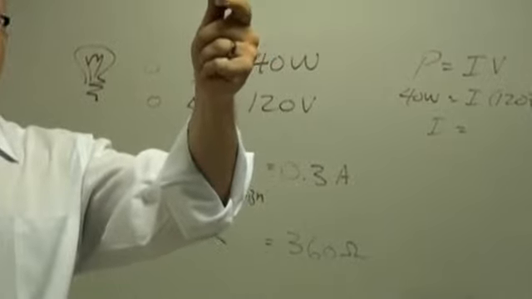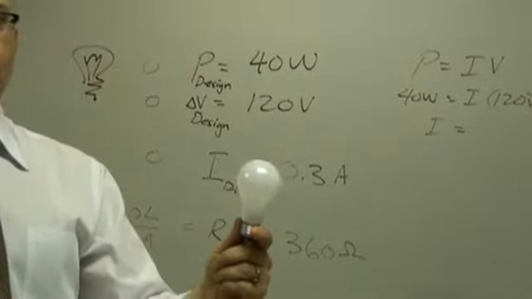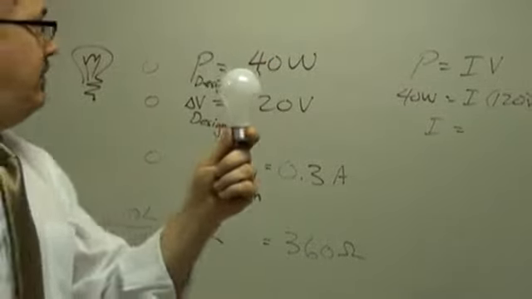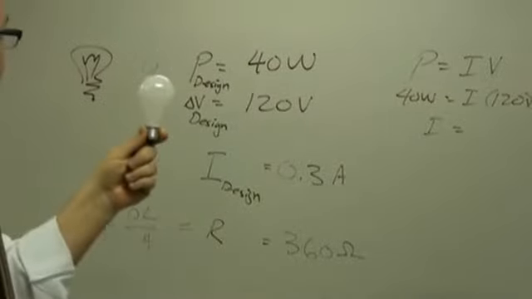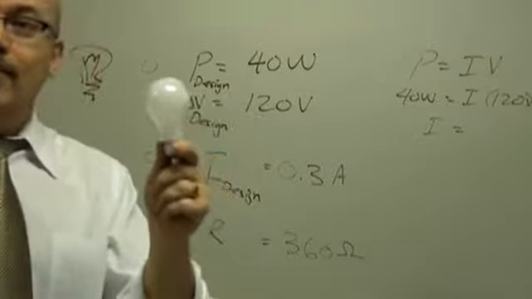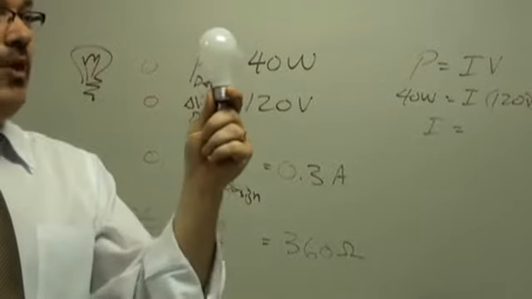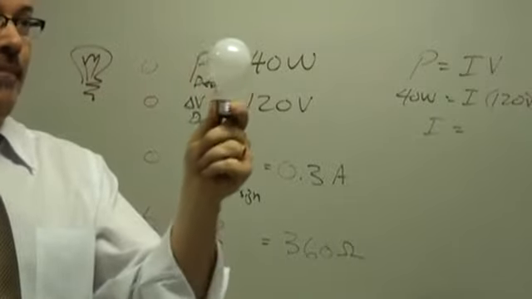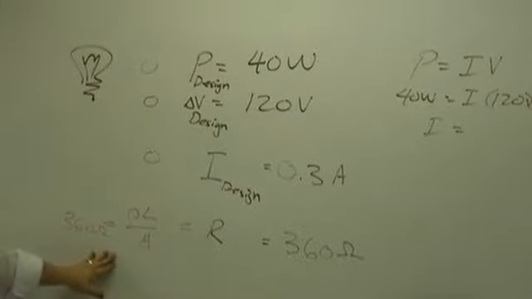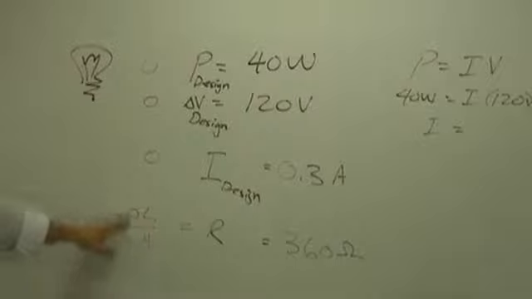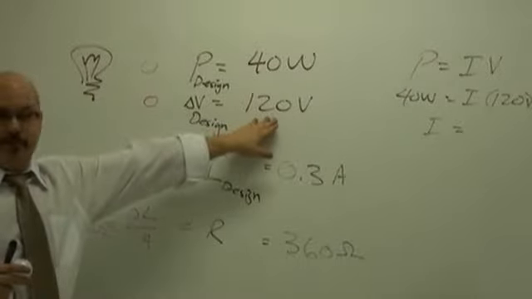When you put a bulb in a circuit, we don't really care what the power is, or what the design voltage, design power, and design current are. The only thing that we know about this bulb for sure is always going to be what? 360 ohms. That it's a resistor of this many ohms if it's a 40 watt, 120 volt bulb.